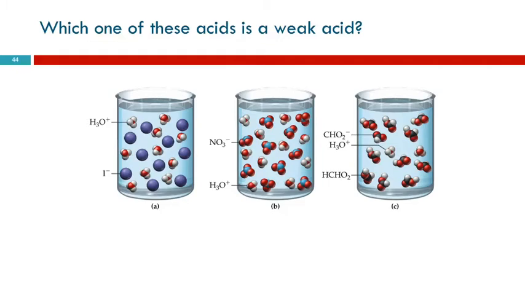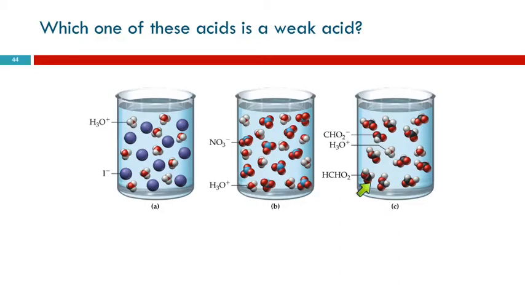So this is a conceptual question. Which of these pictures is representing a weak acid? Remember, a strong acid separates completely into ions, and a weak acid does not. You'll have intact molecules. So which one of these beakers?